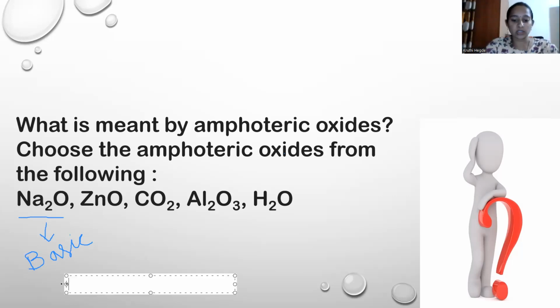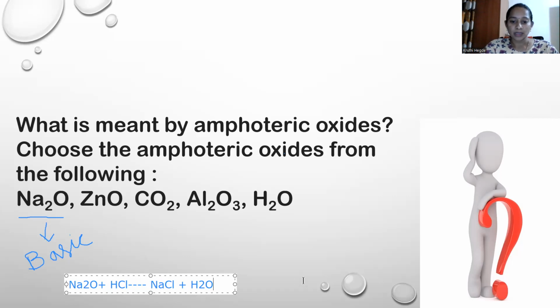Let me write the equation for you. Na2O plus HCl produces NaCl plus H2O. So here NaCl is salt and H2O is water. So Na2O produces salt and water when it reacts with acid, so Na2O should be basic in nature.